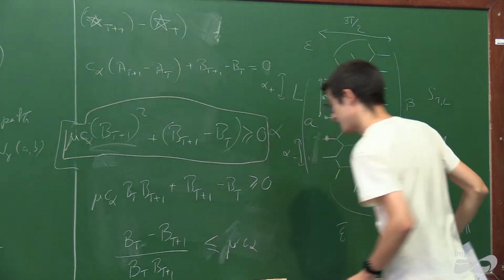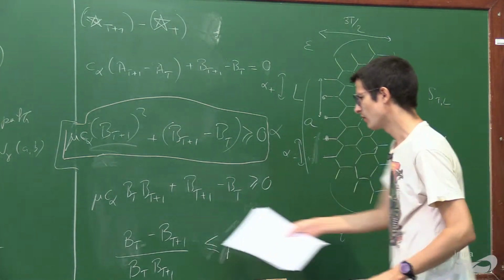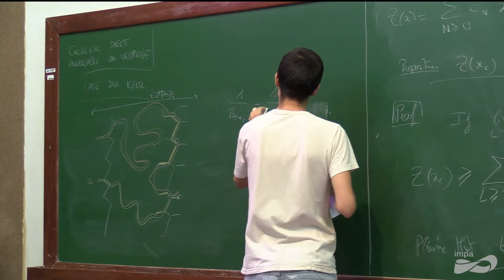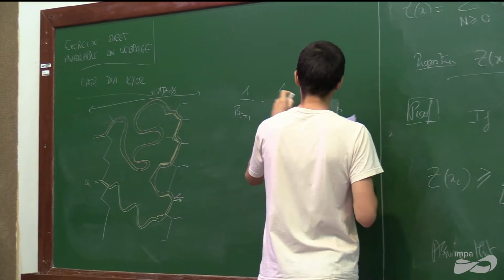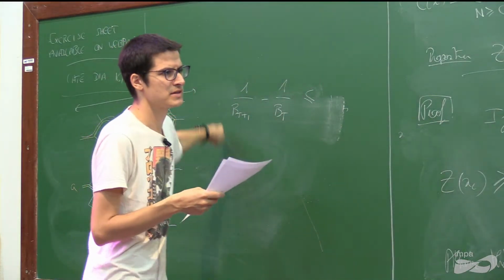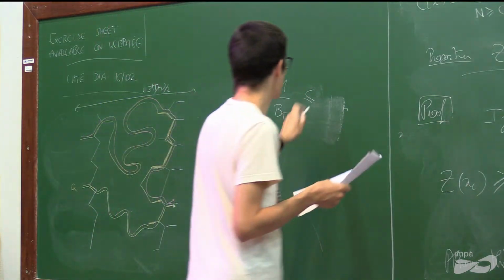So here I get an inequality in this direction. And this thing is 1 over BT plus 1 minus 1 over BT. Yes, it's smaller. So I know that this is positive, and I know that this is smaller than mu C alpha.